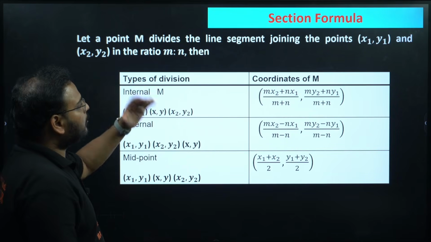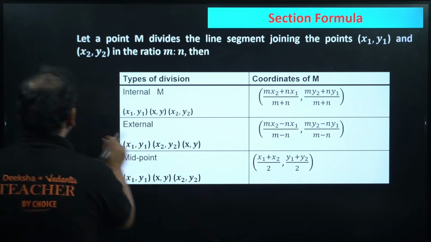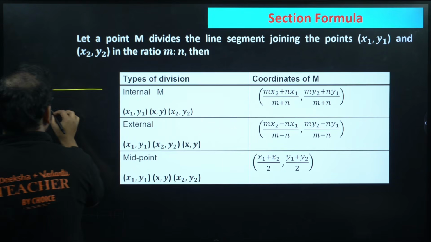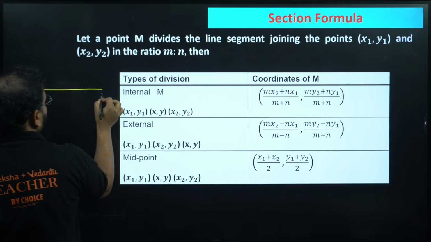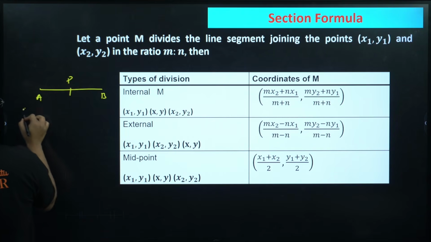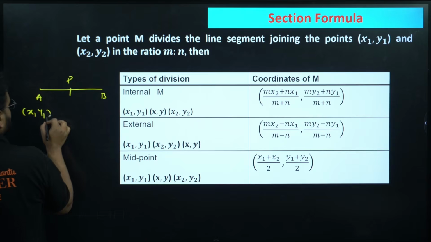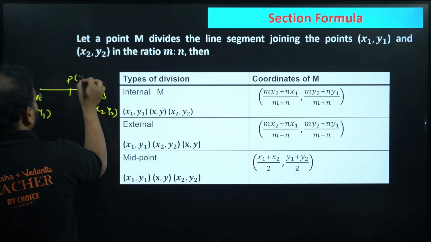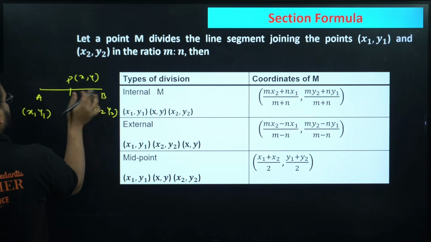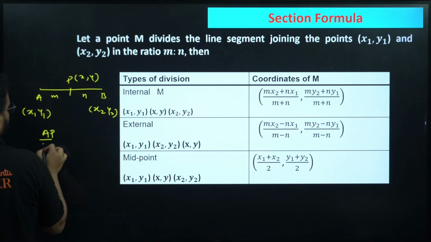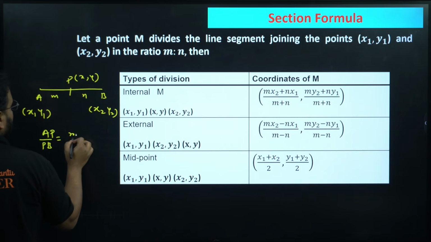Now when we talk about the section formula, we have two types of sections. The first is a very commonly used one that you might have seen earlier. If I have points A and B, where point A coordinate is x1, y1, point B coordinate is x2, y2, and point P coordinate is x comma y, and P lies on AB, then the ratio AP to PB is given by m is to n.